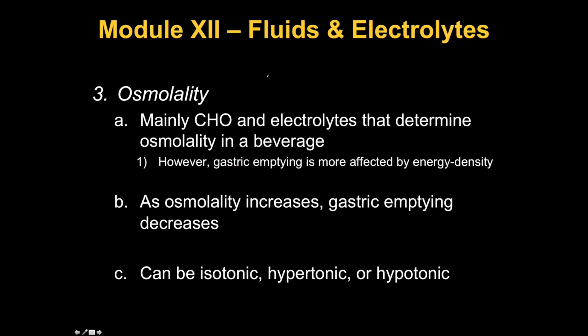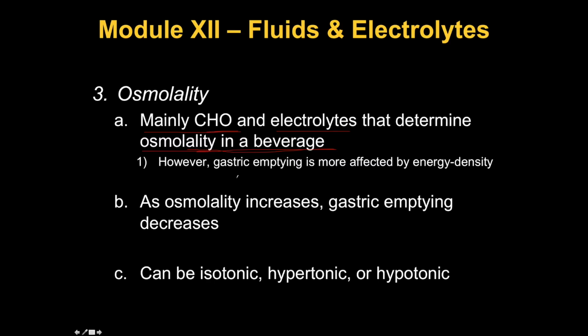Osmolality also plays a role in absorption of fluid. Usually having mostly carbohydrate and some electrolytes is going to determine the osmolality of a beverage. So carbohydrate and electrolytes are very, very important when you're manufacturing a sports beverage because that will affect the osmolality.